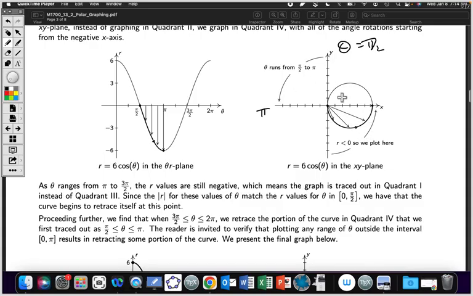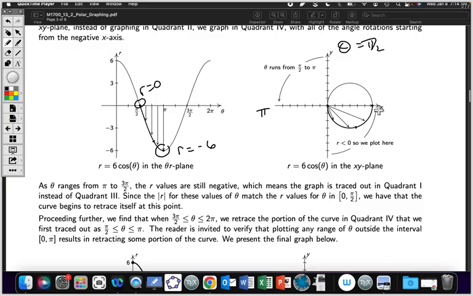Instead of graphing in quadrant 2, I'm graphing in quadrant 4. So notice I pick up where I left off, and I sweep to 6 units away from the origin. I start at the origin, that's r equals 0, and r equals negative 6 just means I'm 6 units away, but in the opposite direction. So I'm back to here.